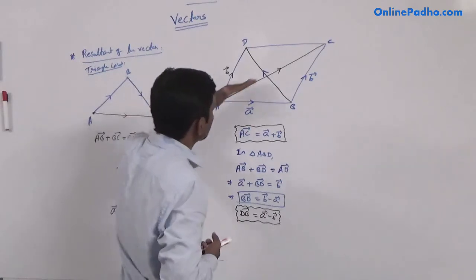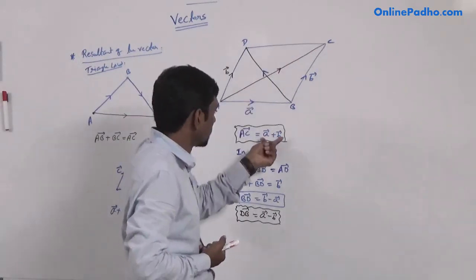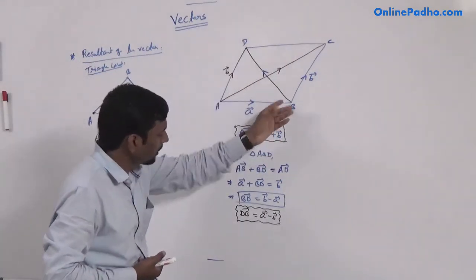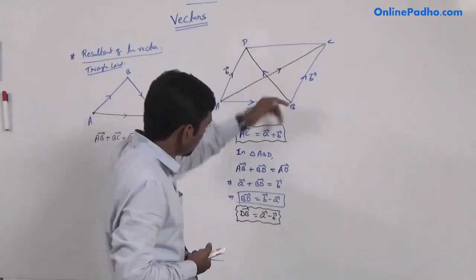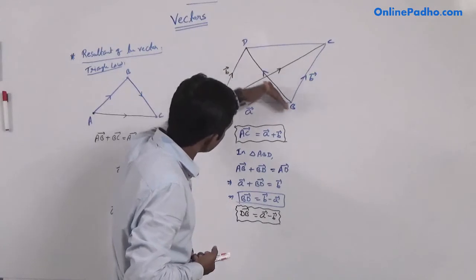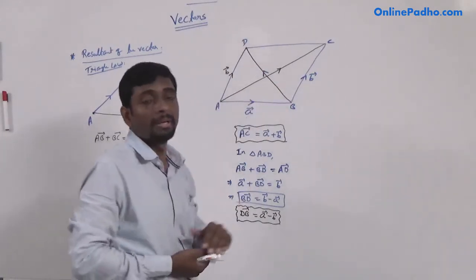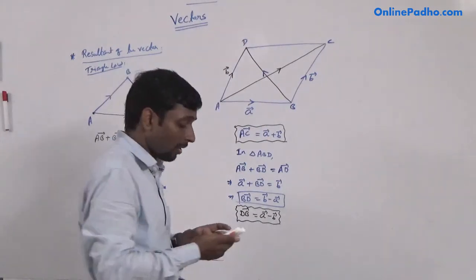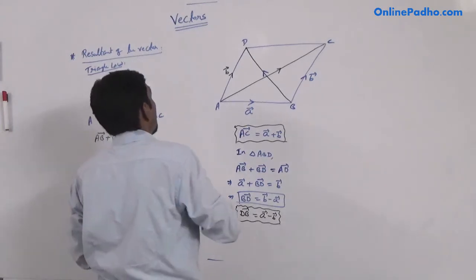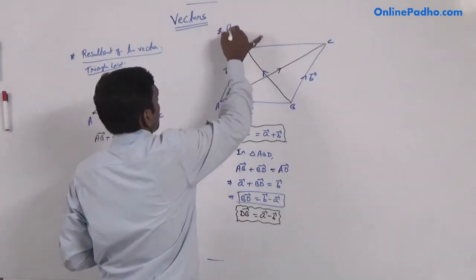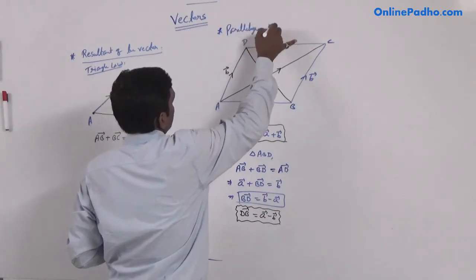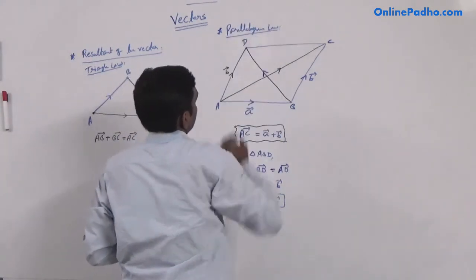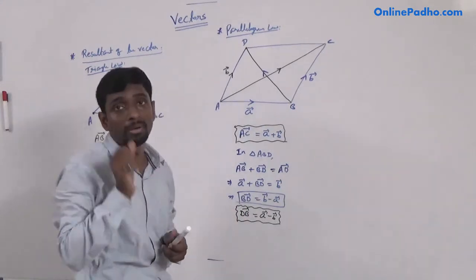So the largest diagonal is A vector plus B vector and the smallest diagonal is A vector minus B vector in the opposite direction. This vector is called DB vector, right? This law is called the parallelogram law of vector.